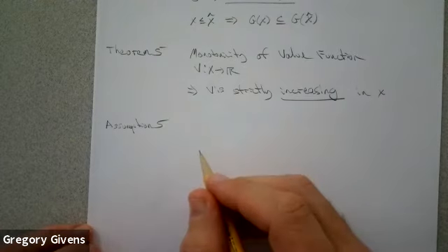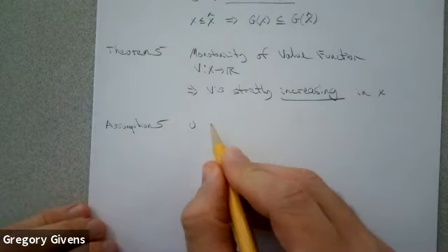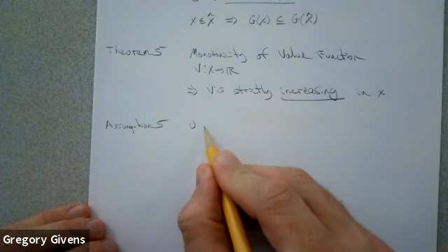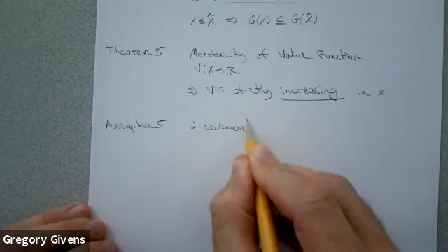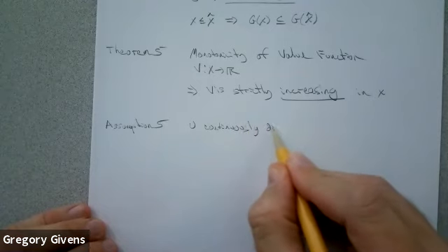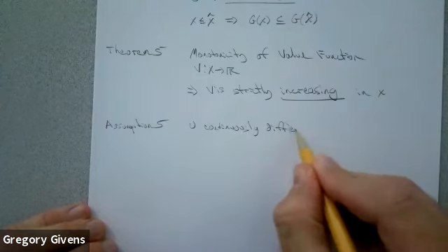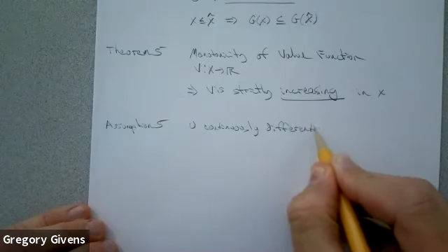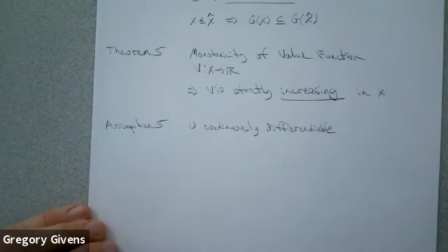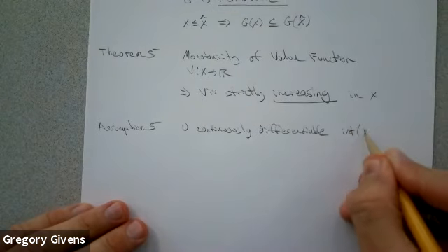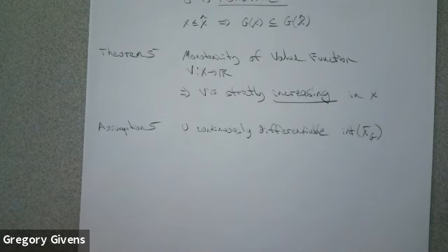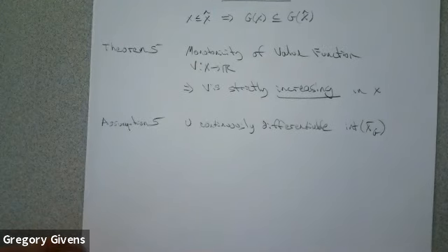Assumption 5 is pretty straightforward. We're just going to make an assumption about U in that it's continuously differentiable in the interior of its domain, that is, in the interior of X bar G. This is not a controversial assumption, right?